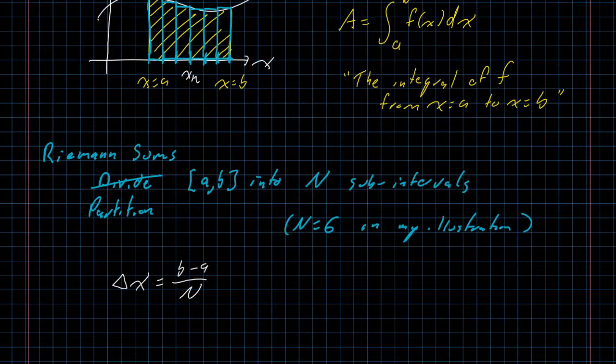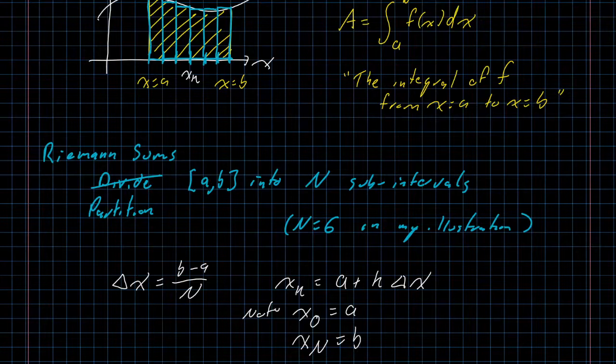The length of the interval divided by the number of subintervals, and that's going to give me the length of any one of these divisions. I'm going to set up xk equals a plus k delta x. And note that, getting ahead of myself, x0 is a, and xn is b.